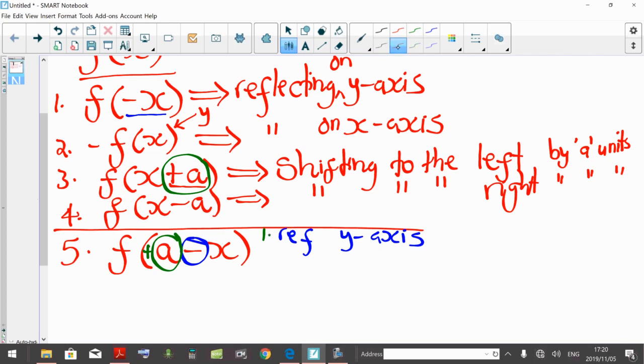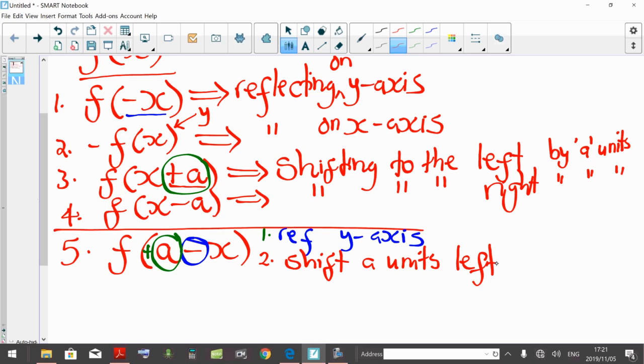Then step 2, we shift. Since our a is positive, we're shifting a units to the left. Remember, when it affects x, it always does the opposite of what it seems.